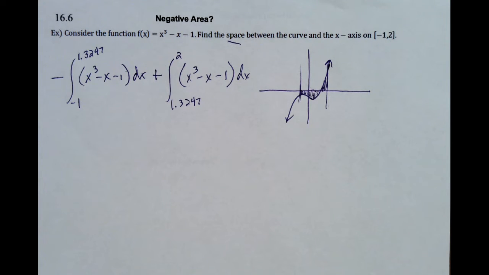Arrow. Minus X minus 1. Ugh. And you have to tell it dx. Then you can do plus alpha window integral.